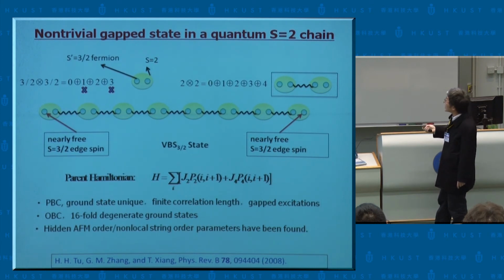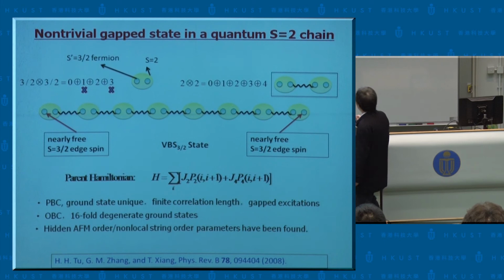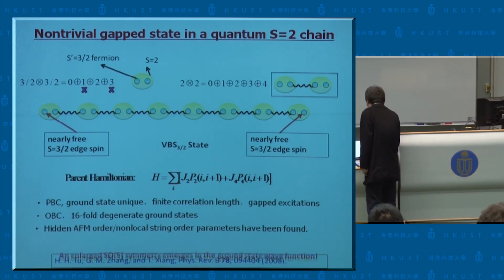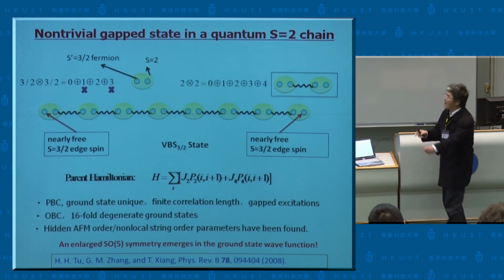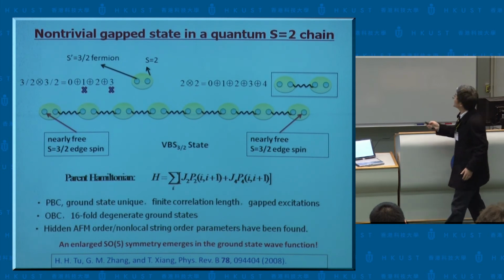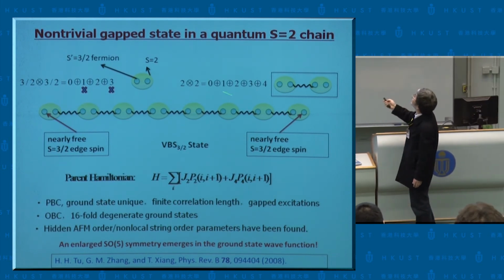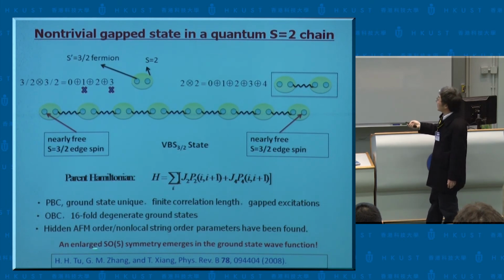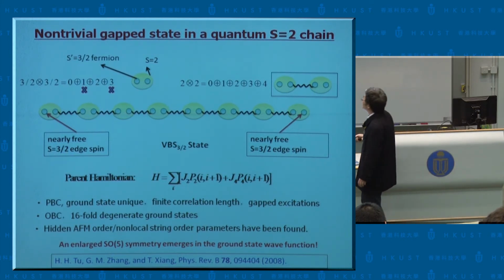We can find a hidden antiferromagnetic order and also a non-local string order parameter in this ground state. However, there is an additional property: an enlarged SO(5) symmetry emerges in the ground state wave function, although the parent Hamiltonian doesn't have the SO(5) symmetry.